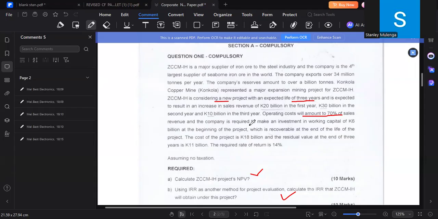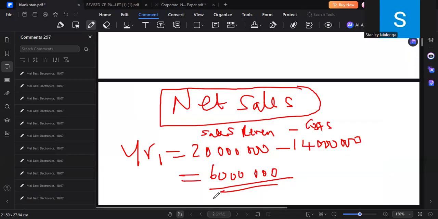And then the company is required to make an investment in working capital of 6 million at the beginning of the project, which is year 0, which is recoverable at the end of the life of the project. The cost of the project is 18 billion, and the residual value at the end of the year is 11 billion. So we can now do the computation here.